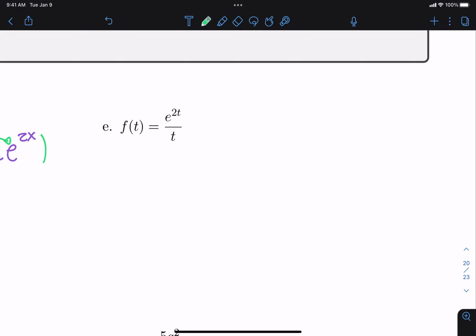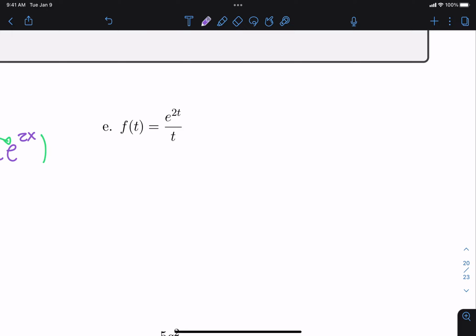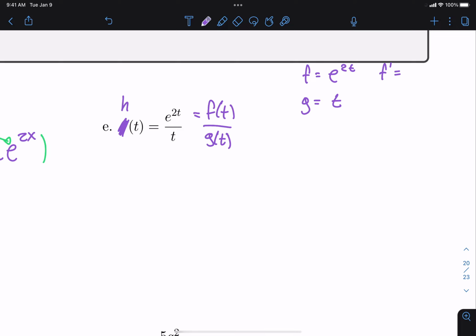So this one, I'm going to change this to be an h, and I'm going to let this be the f of t in the numerator over g of t in the denominator, where f is e to the 2t, g is t, and I know I'm going to need their derivatives, so I might as well do them now. F prime is going to be 2e to the 2t, and g prime is going to be what?